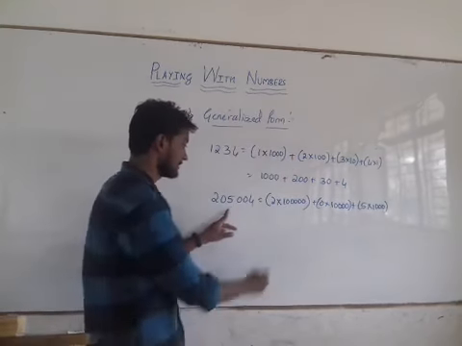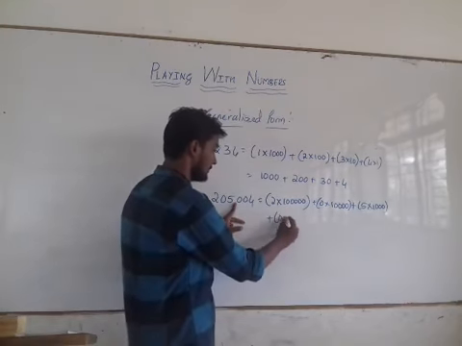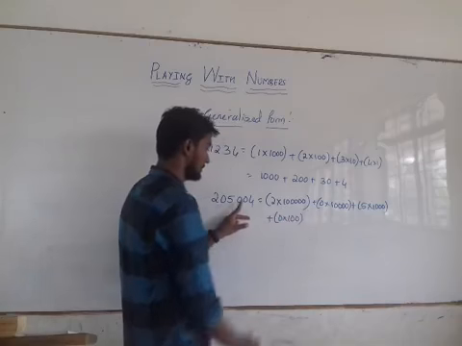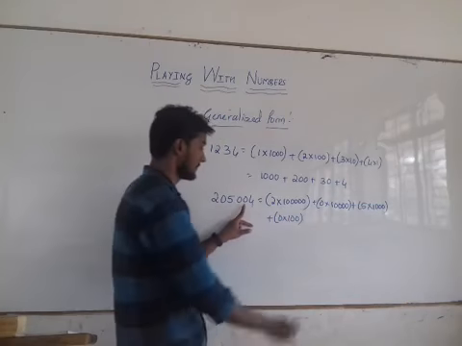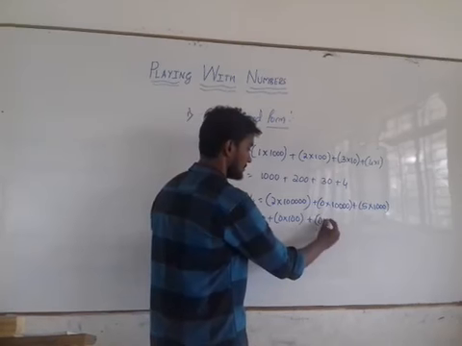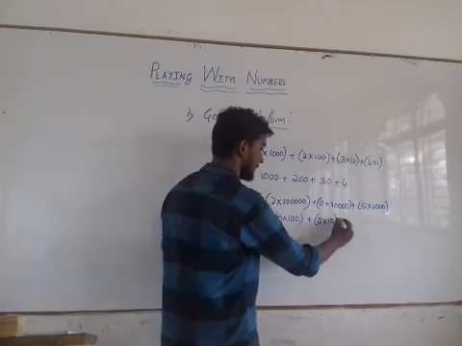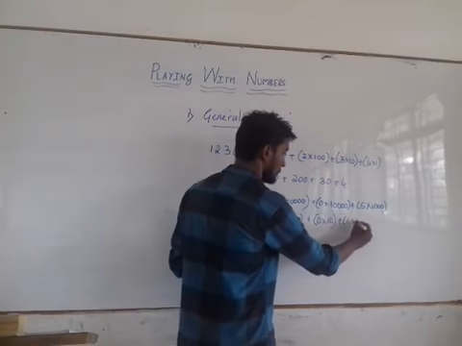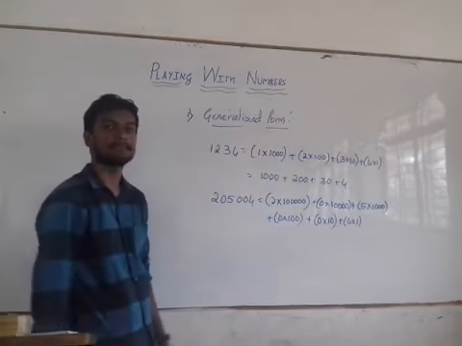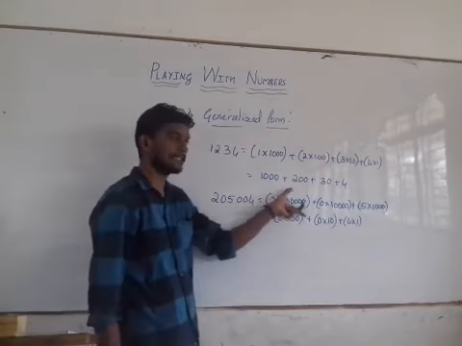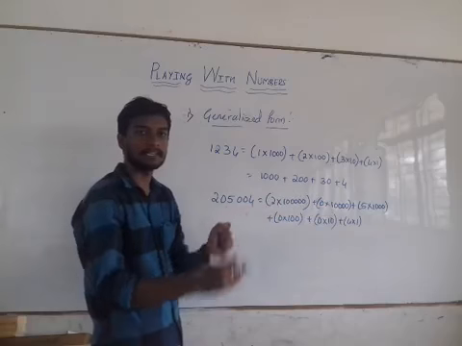Next, plus 0 into 100, since this 0 is in the 100 place, plus another 0 into 10, in the tens place. At last, 4 is in the unit place, so 4 into 1. Now I have written this number in the expanded form.